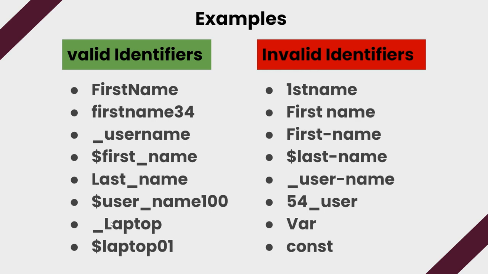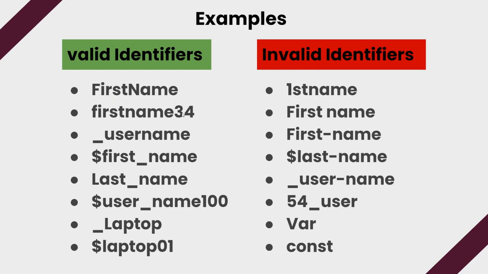You must follow all. So looking at the first example here, it has first name and we follow the rule here. It begins with an uppercase letter, then lowercase, and there's no space in between the first name. For the next one, we have firstName34. So like I said before, JavaScript identifiers cannot begin with digits.